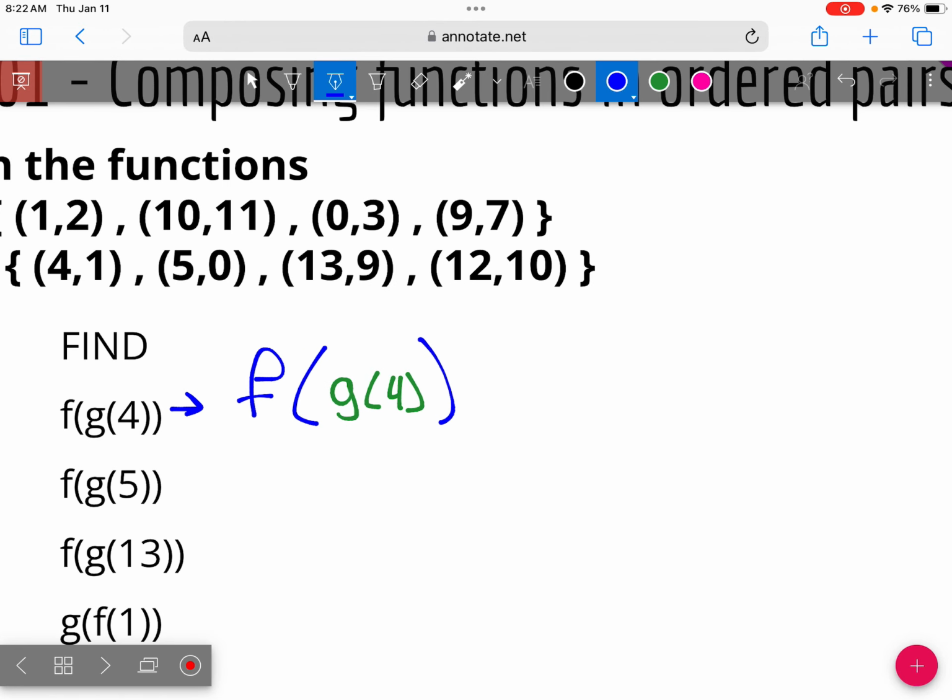So what I want us to do is start from the inside and work our way out. So we're going to first do g of 4. We're going to look at g. If x is 4, what's y? So let's look at g, find when x is 4.